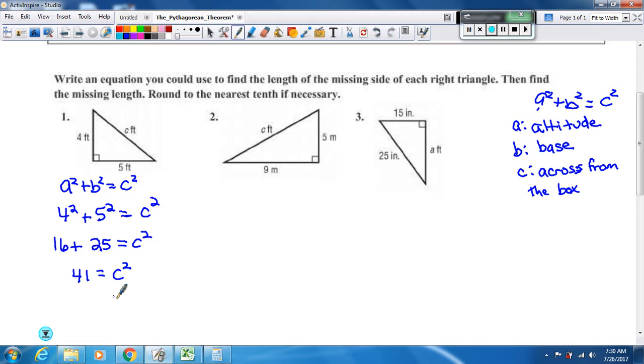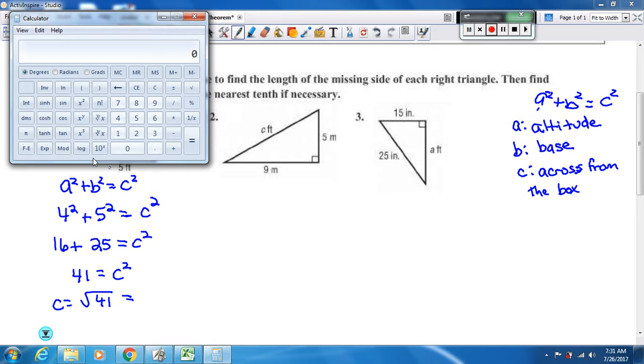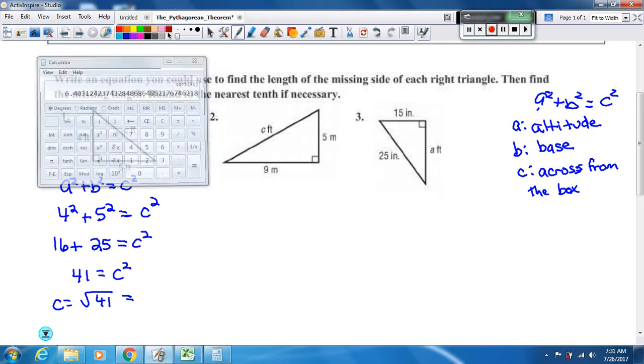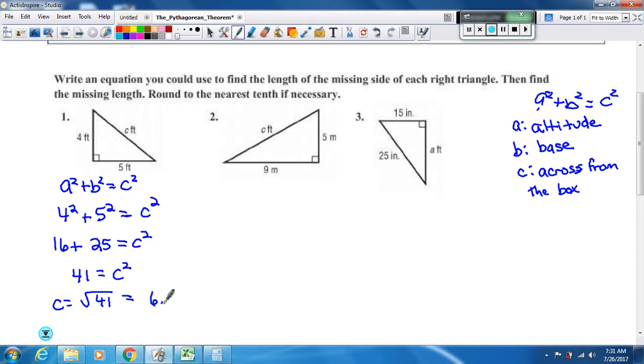Now to get c by itself, you got to do the opposite of square. So you got to take the square root of c. So c equals the square root of 41. And they asked in the directions to round to the nearest tenth. So you do need to use a calculator for this. Nearest tenth is 1 decimal place. So 6.4 is the answer for this one. And it's feet, 6.4 feet.